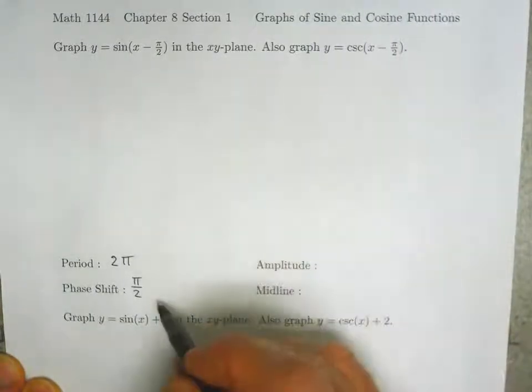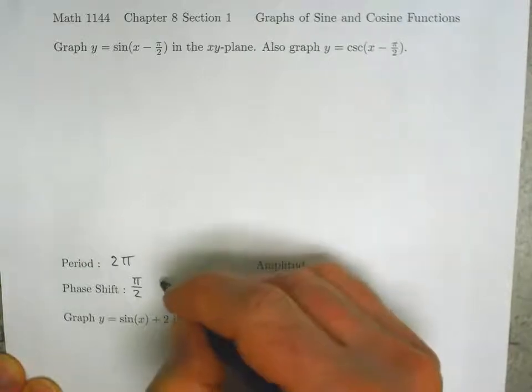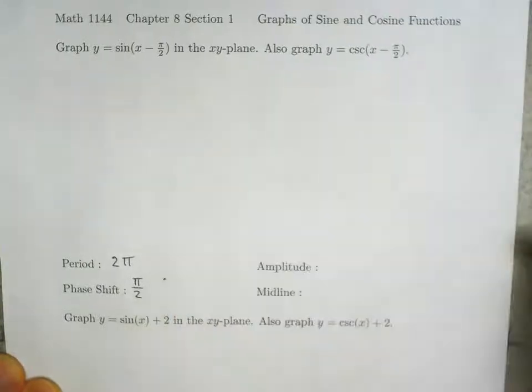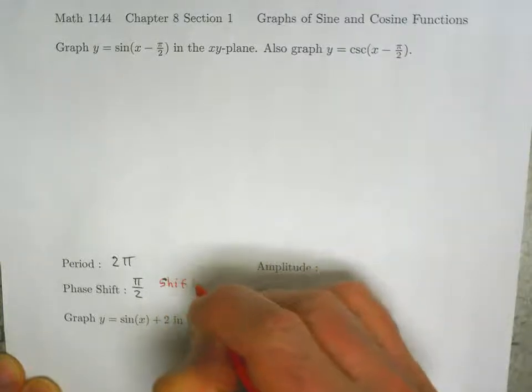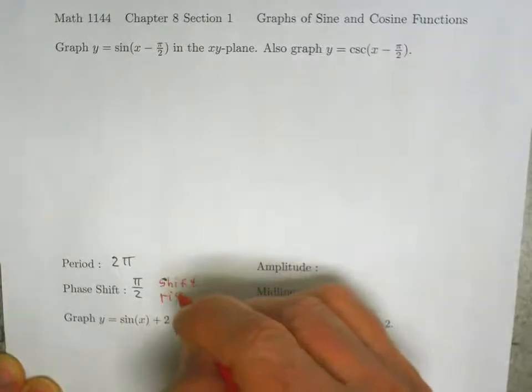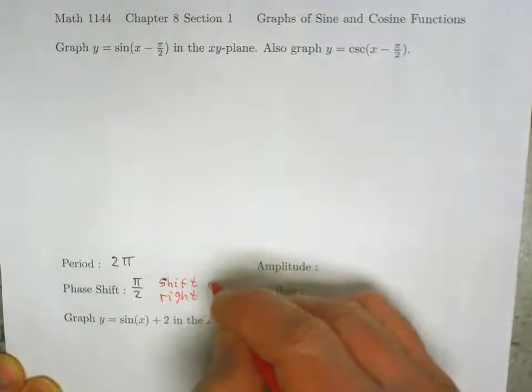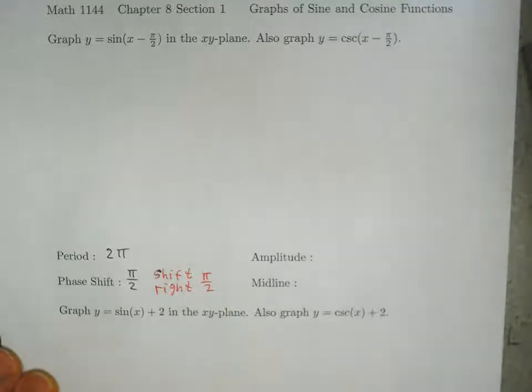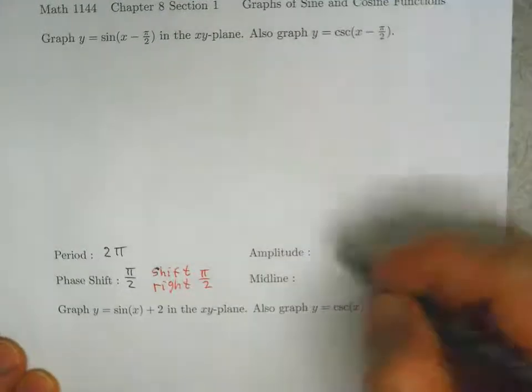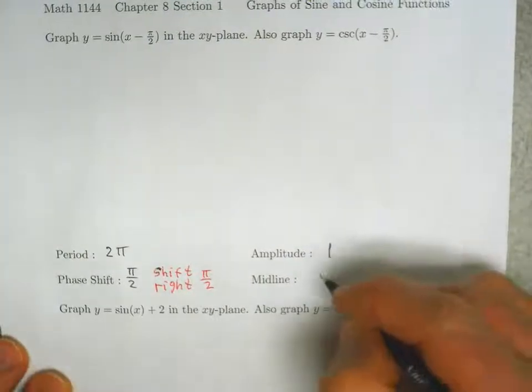So that's a rightward shift. So I'll just make a note of that in red ink, shift right pi over 2 units. The amplitude is 1, and the midline is y equals 0 again.